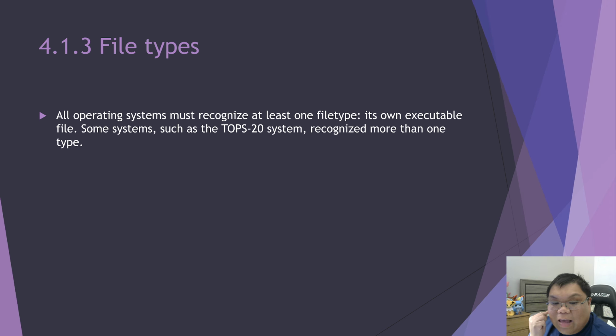Imagine you're a game developer and you wanted to save files in a special format. Let's say you have a game. I don't know what to call this game, but let's say the save file for this game is called .savefile or .gamesave.